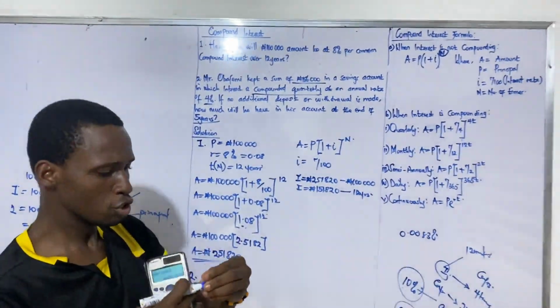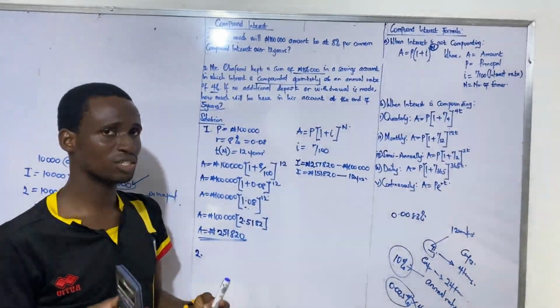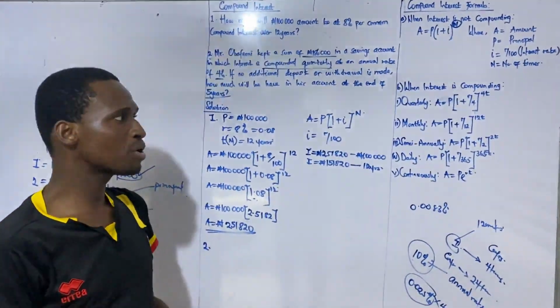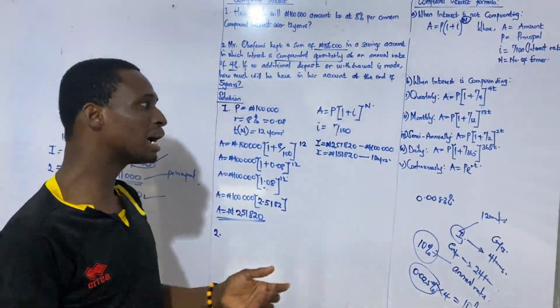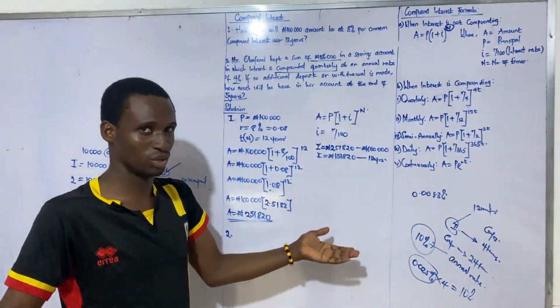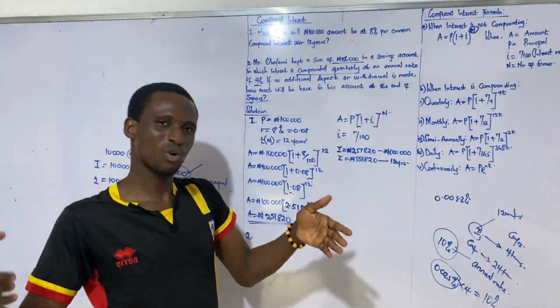So that is our calculation concerning compound interest. So take note, one of the organizations that uses compound interest as a yardstick for their investment is banks. So when you want to go and make your investment in the bank, they will not grant your interest rate based on simple interest. No, the interest is on compounding.